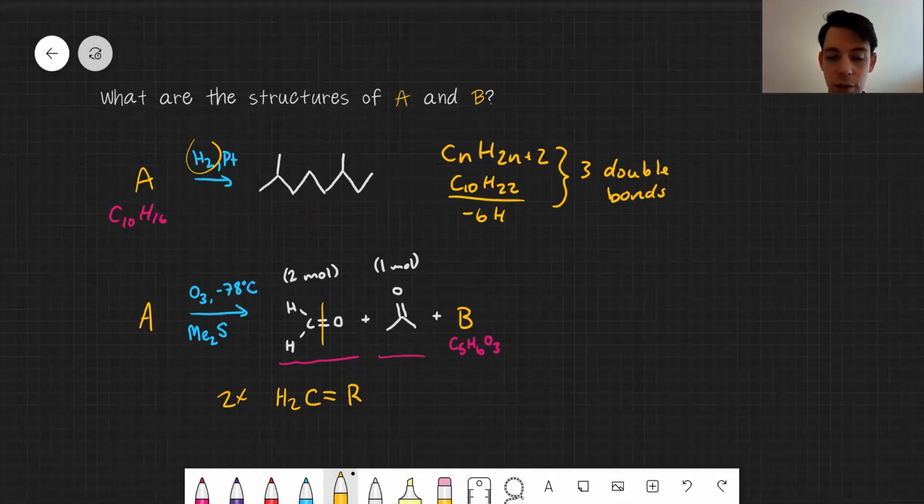Okay, so let's look at our next clue. I have a double bond attached to a kind of isopropyl group, right? A propane. So I'm going to look for something like this in the molecule. Okay, we've got a double bond attached to that fishtail isopropyl group.